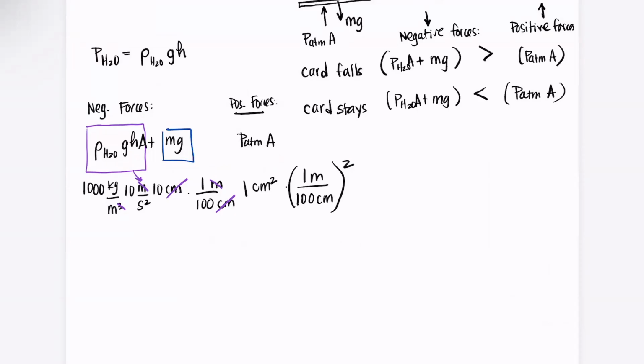All right, so we have 1,000 times 10 times 10 divided by 100 times 1 times 1 divided by 100 squared, right? Anybody tell me what this is?